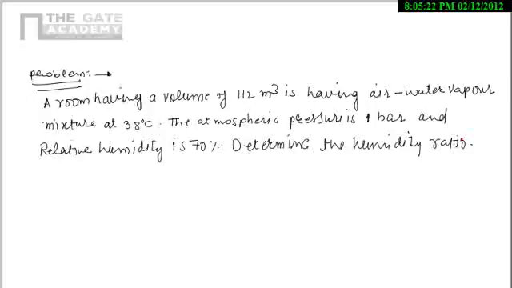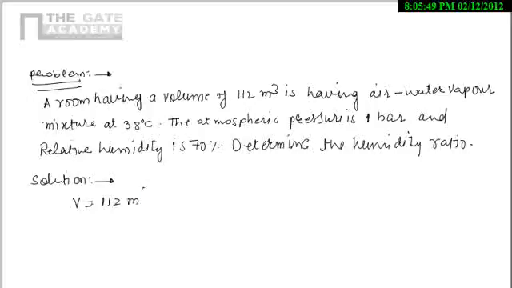So in that problem, a room having a 112 meter cube volume is given, the temperature is 38 degrees centigrade, atmospheric pressure is 1 bar, and relative humidity is 70%. We are interested in the humidity ratio. So let's solve this problem. Here is the solution.